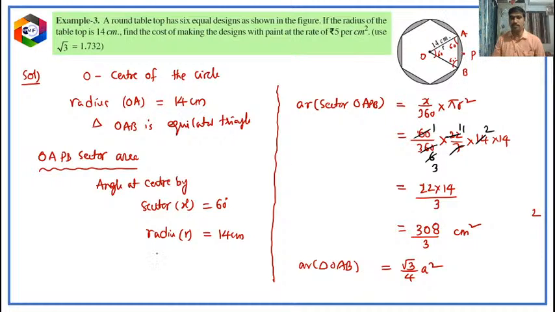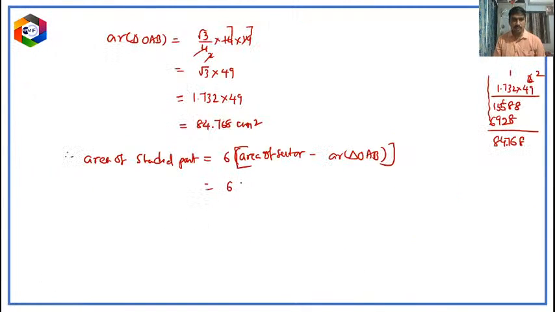Like that there are 6 parts. Now let us multiply that, 308 by 3. So 6 into 308 by 3 minus 84.768. Now let us divide into decimals, children.